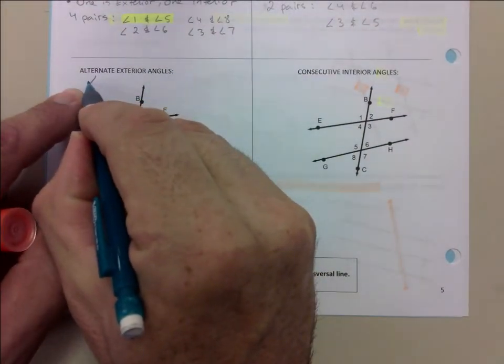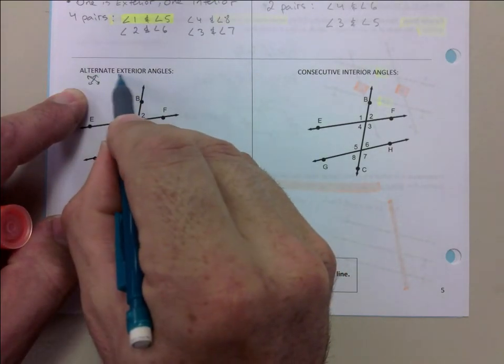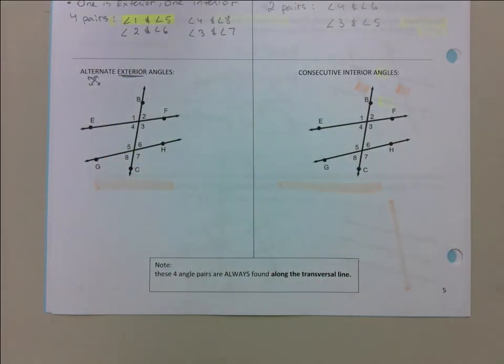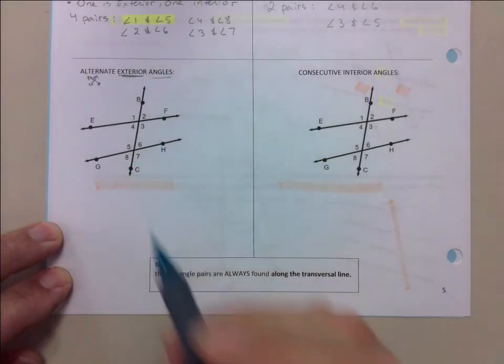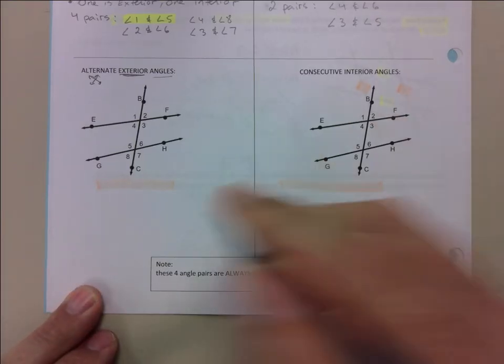Alternate, I want you to think of, they're going to be crisscross. And exterior, I think you all know they're going to be outside of the sandwich bread, right? Outside of the burger buns. Whatever you want to say. And angles, we all know what that means. So, different color. I'm going to first define them and then I'll ask you.